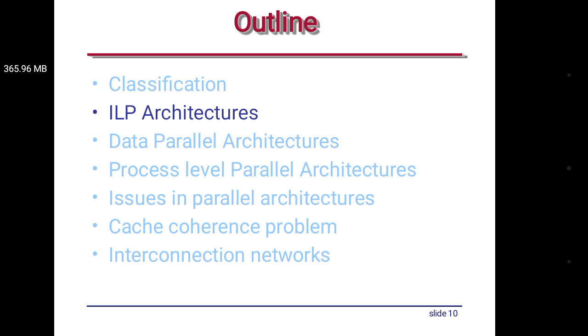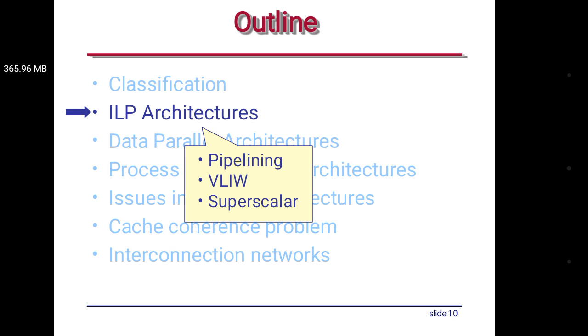The second demerit of the scalar pipeline is the rigid nature of in-order pipelining. These demerits are overcome by the ILP architecture. So let's see. In ILP we will study pipelining, VLIW and superscalars.